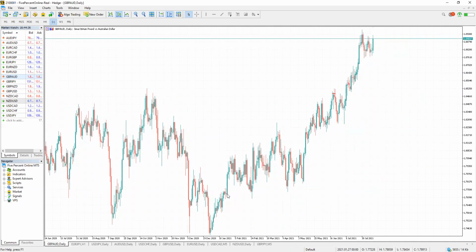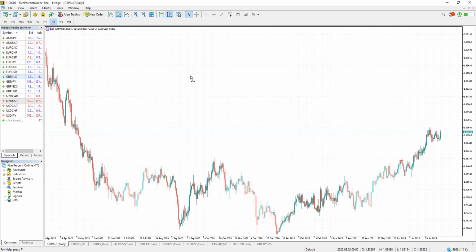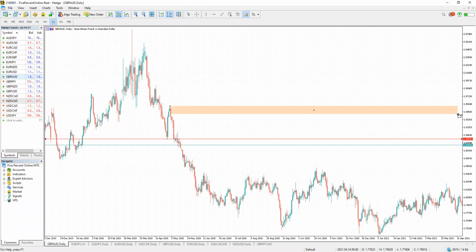We could argue this is an uptrend, so you want to buy, but there are a lot of areas here to stop that trend. If we look carefully, we have kind of resistance over there. We have supply, we have supply, and we have supply.